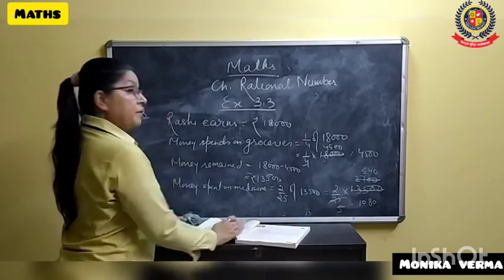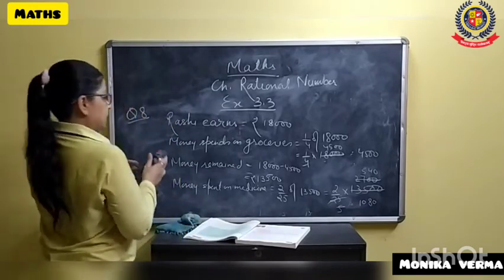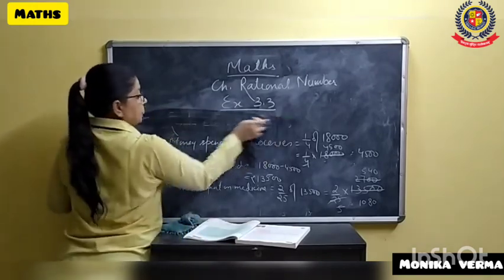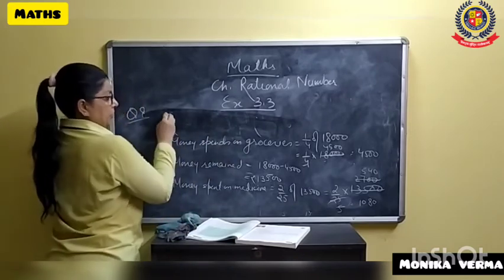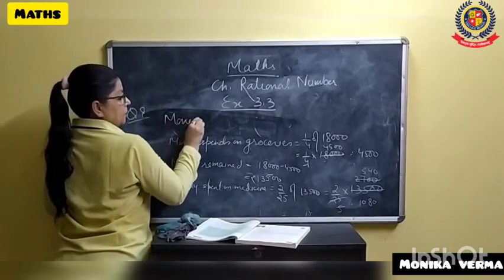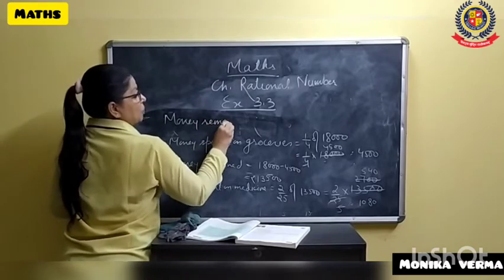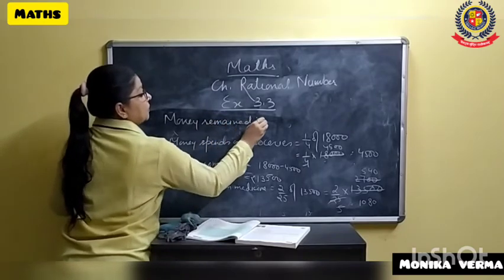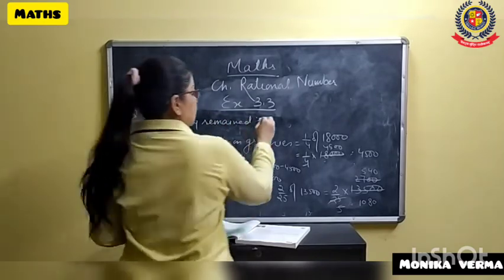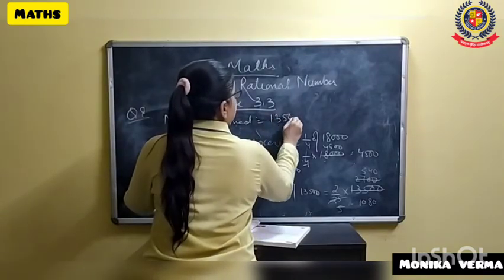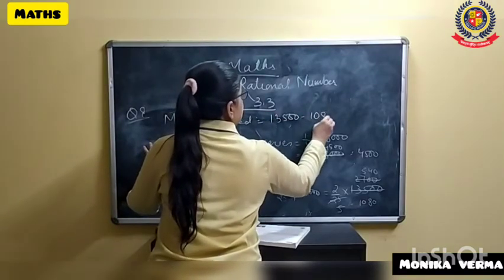And 1 by 3 of the remainder. Now again we will find the remainder. Money remained. How much money she was having? 13,500. So 13,500 minus 1,080.